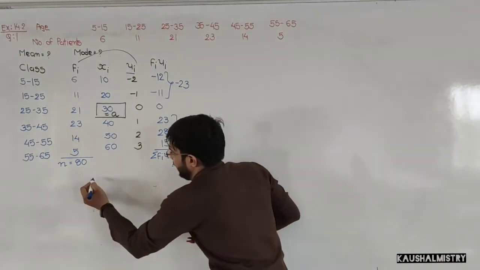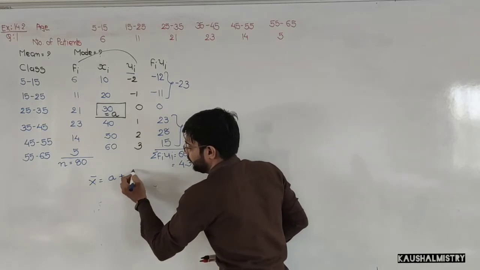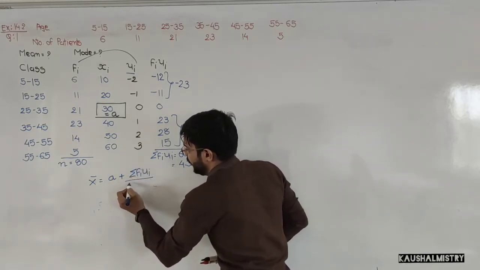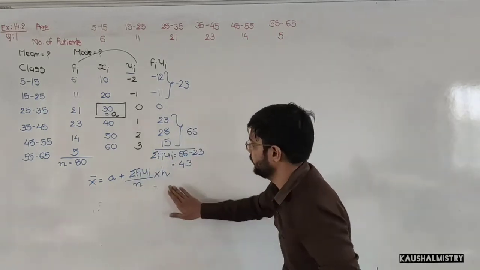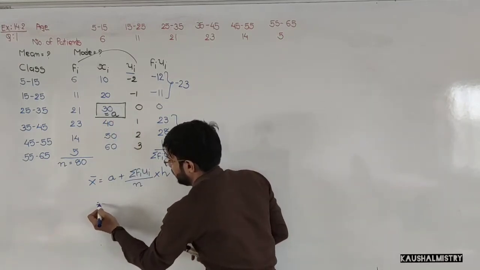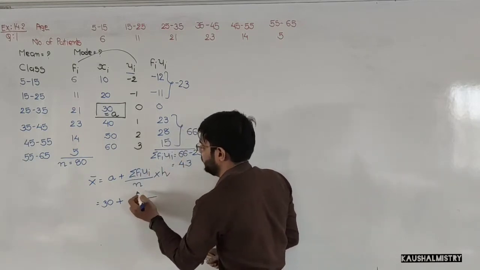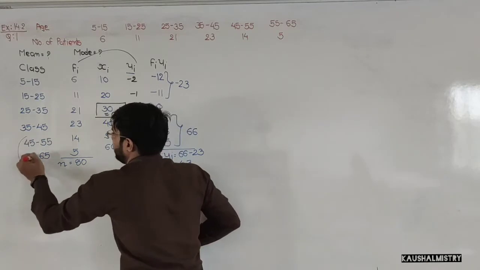Now x bar is equal to, step deviation formula, a plus sigma fi ui upon n multiplied by h, right? So a is 30. So 30 plus sigma fi ui is equal to 43. Now we can see that this difference is 10.